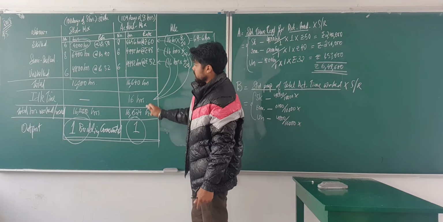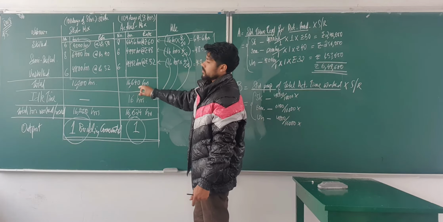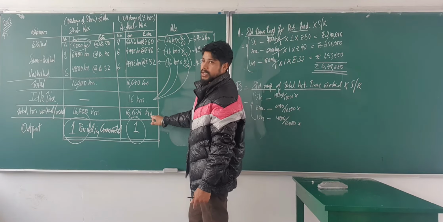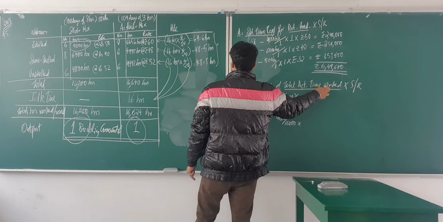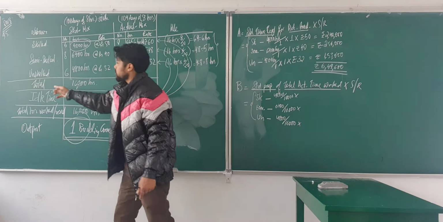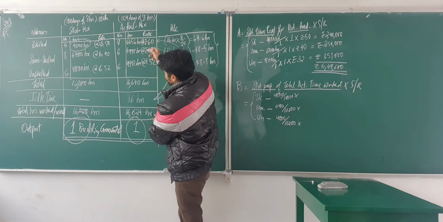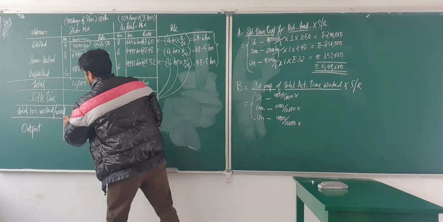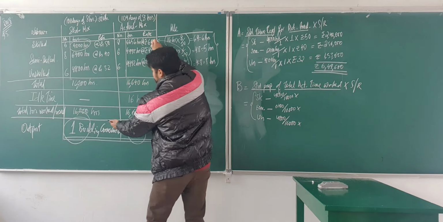So you're supposed to take this, not this one, not 16,640, but this one. What are they asking? Total actual time worked. This is the actual total time worked. So actual column, total hours worked. Remember this.